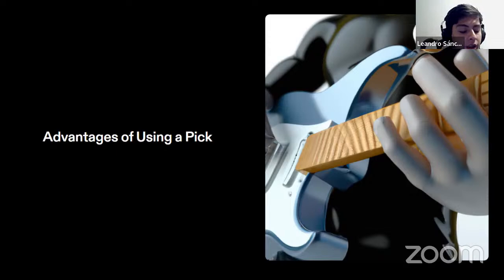You can obtain a sharper and cleaner tone because the pick is made of a hard material, and you can get great control also. And using a pick lets you produce a sharper tone and a more precise tone.